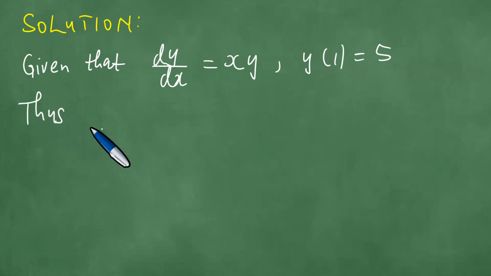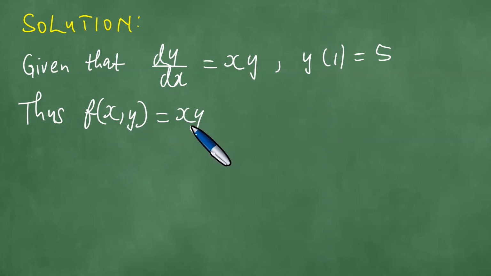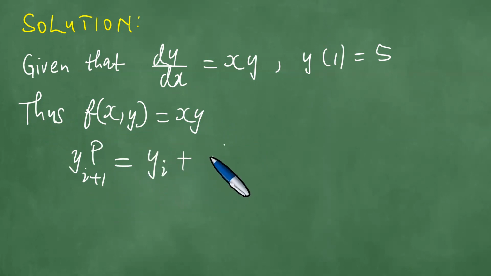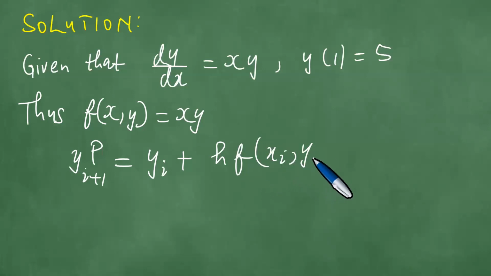Thus, for this course, if you're given the differential equation, it means that f(x,y) is xy. It means that y at i+1 is y_i + h f(x_i, y_i). It means the predictor is this, and also it means the corrector is this.